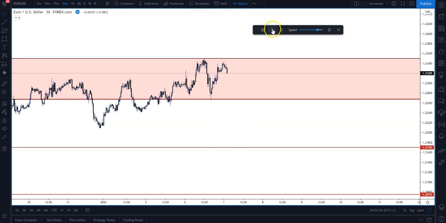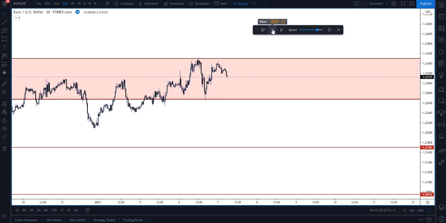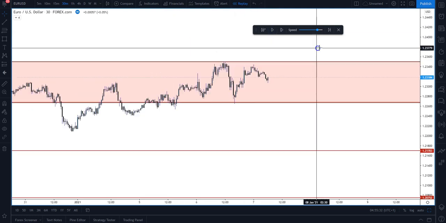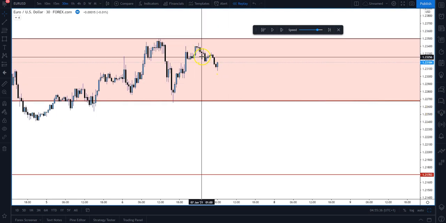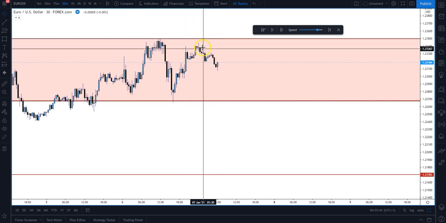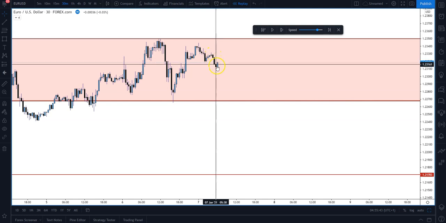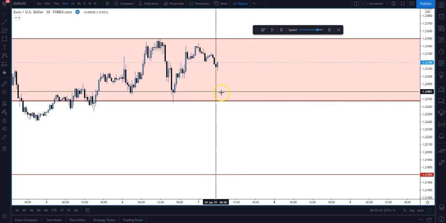So now, okay, hold on, let me let it go. Number one, this could have been a possible entry because it broke structure. So it coming down like this, crossing down this, it could have been a possible entry, with take profit being down here.